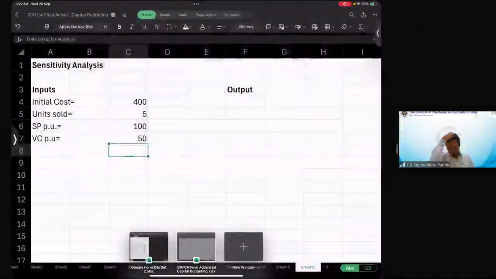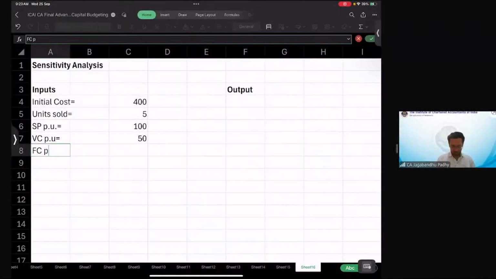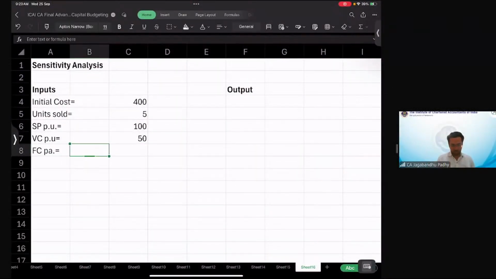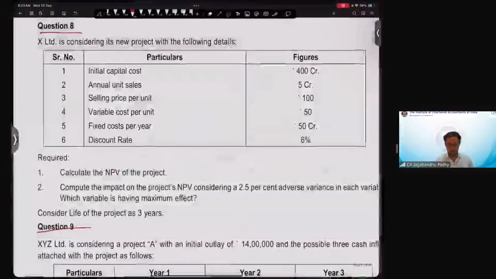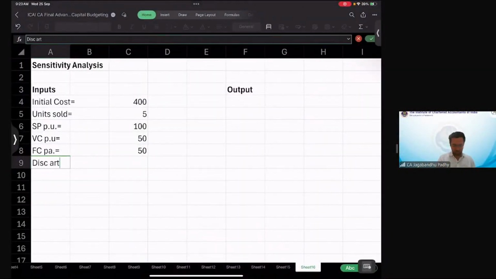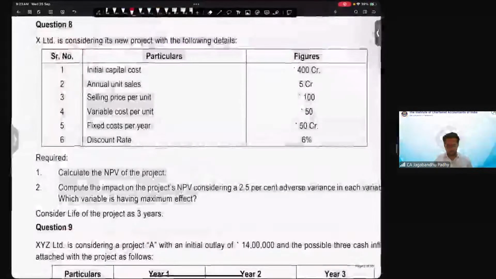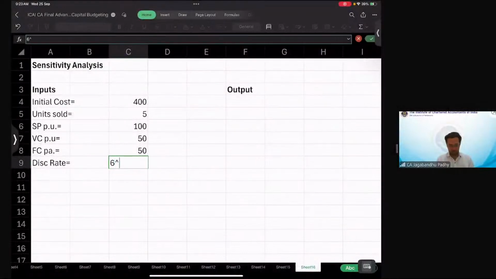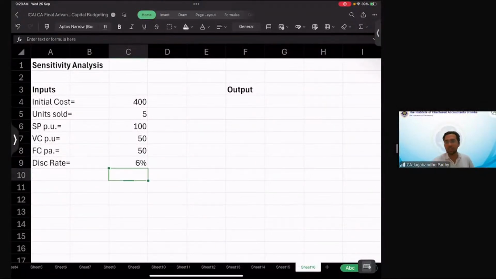Fixed cost per year is 50 crores. And discount rate is taken as 6%. So these are the inputs that we have.